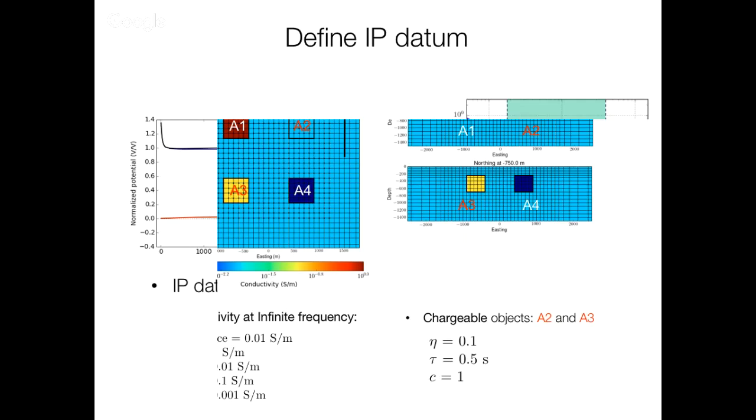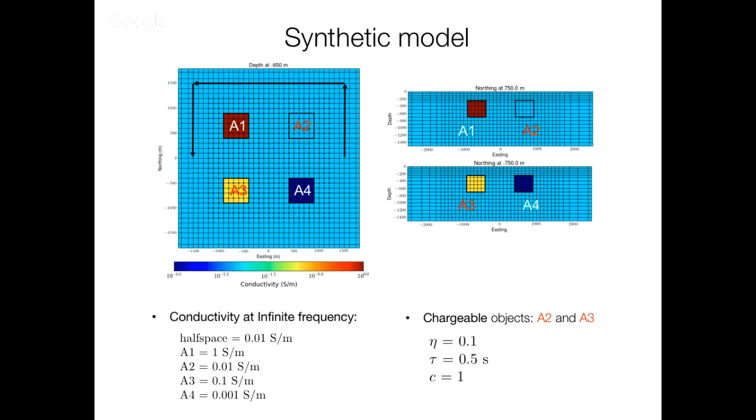So here's a synthetic model just to show you what happens. There are going to be four blocks in here that have various conductivities. The half space is 0.01 Siemens per meter. This first one is very conductive.